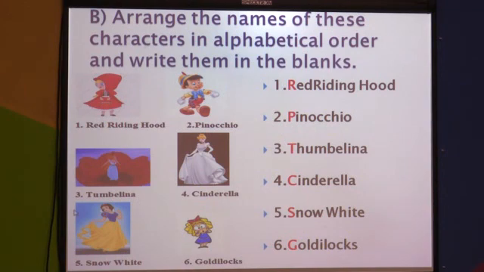You can see in the textbook or the screen, first character is Red Riding Hood, second one is Pinocchio, third one is Thumbelina, fourth one is Cinderella, fifth one is Snow White, and sixth one is Goldilocks. These are the names of the characters.